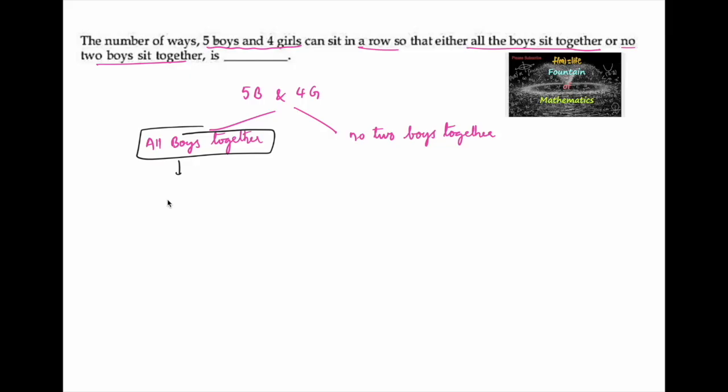So in the first case, let us consider all the boys as B1, B2, B3, B4 and B5, and the four girls can be taken G1, G2, G3 and G4. Since all the boys are together, let us make one unit for the boys and the girls as separate units.